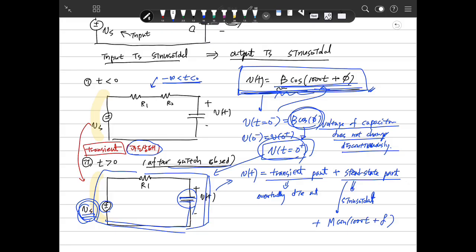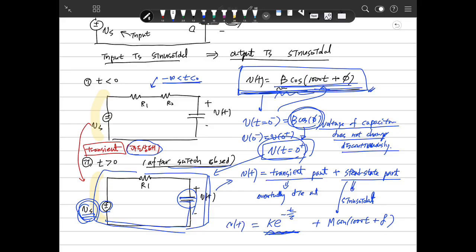In general, actually it's always, the transient of a first order circuit is of this type, an exponential. This is the general form of the transient part of a first order circuit. So V(t) looks like this.